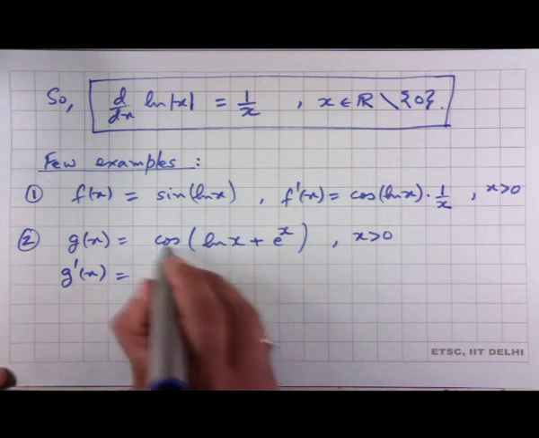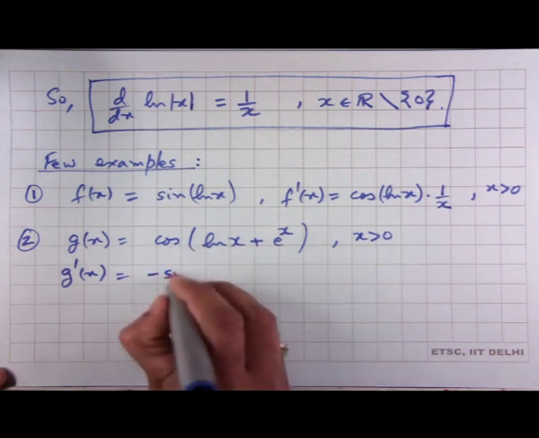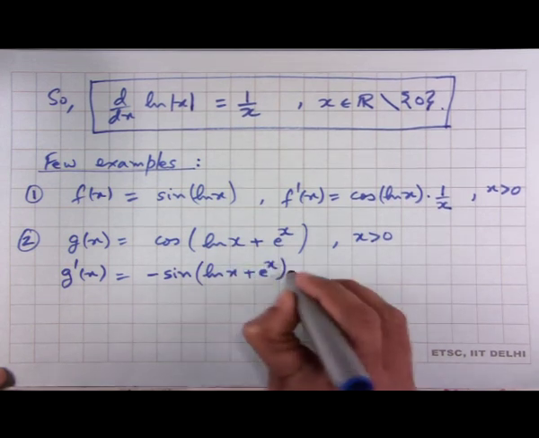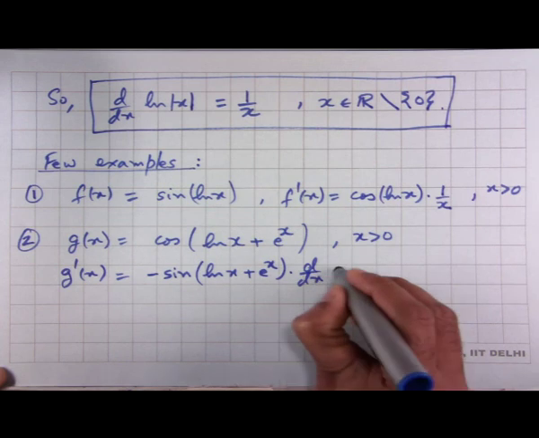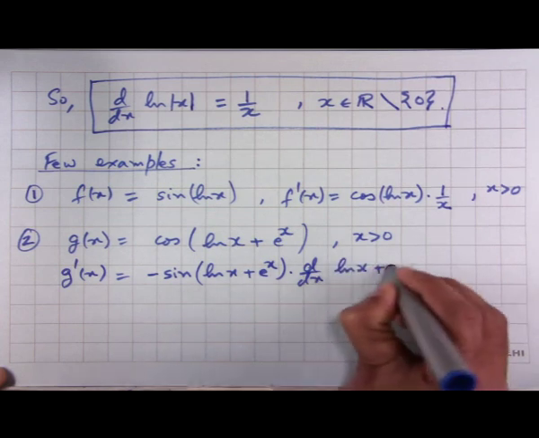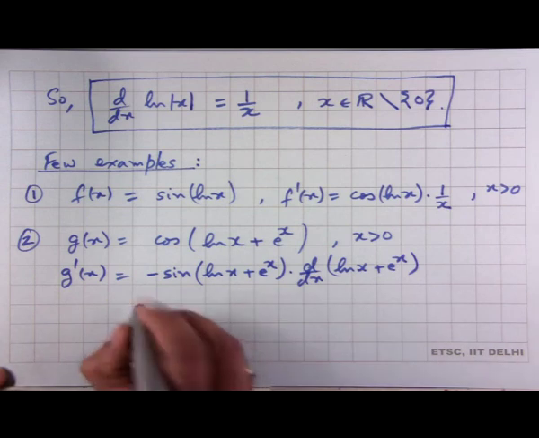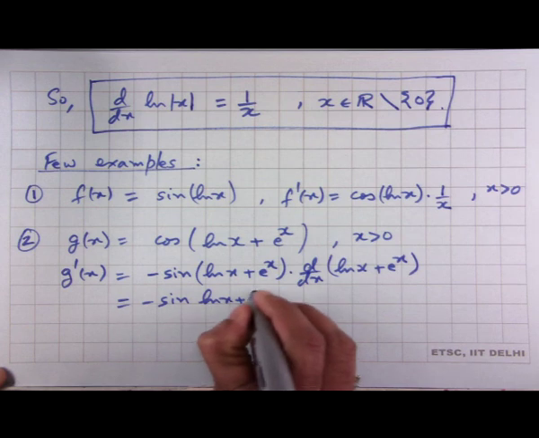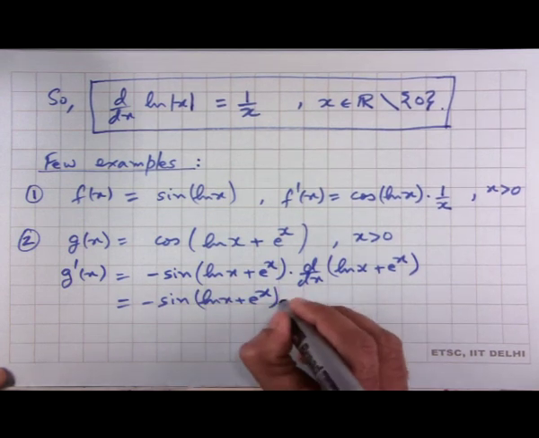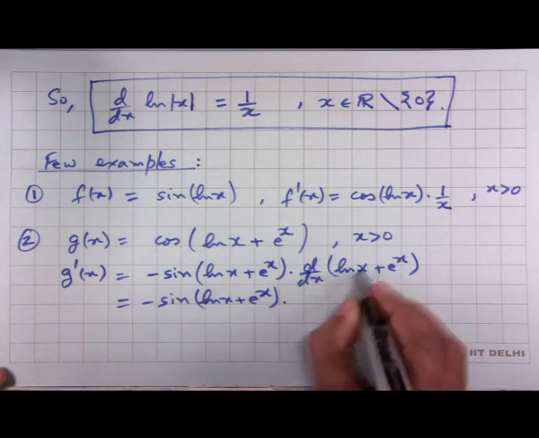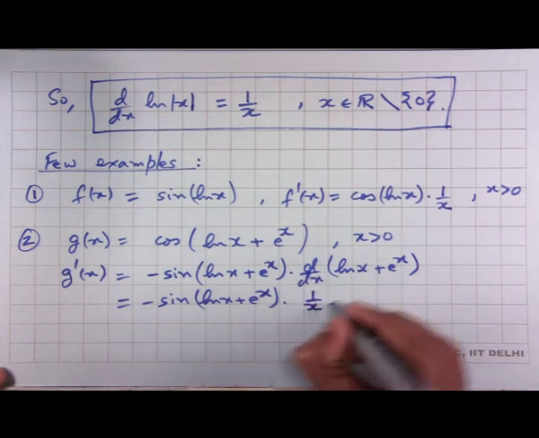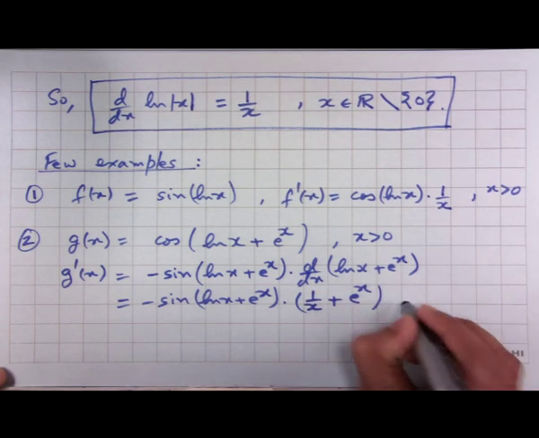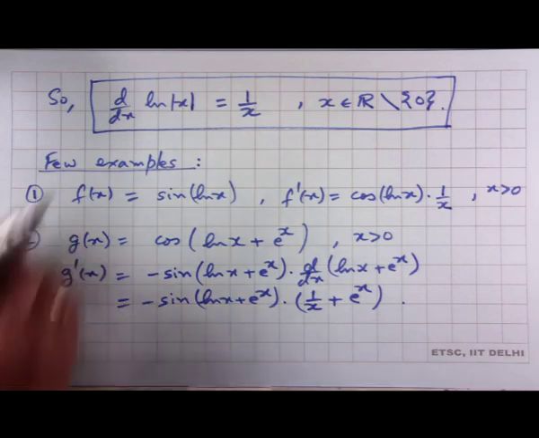The derivative of cosine will give me negative sine of log x plus e to the x, times the derivative d by dx of the inside function, log x plus e to the x. The derivative of a sum is the sum of the derivatives. So, d by dx of log x gives me 1 by x plus d by dx of e to the x is e to the x. So, this is the derivative of g of x.